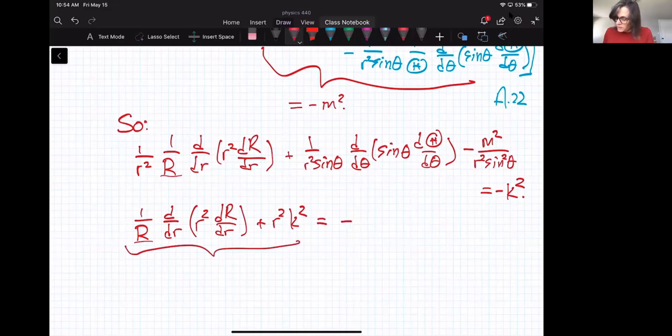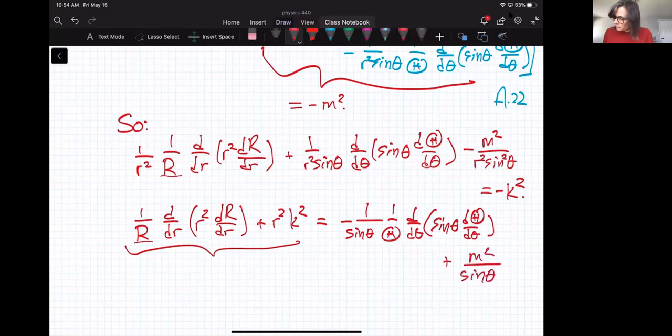This is equal to minus 1 over sine theta, 1 over theta, d d theta of sine theta d capital theta d theta, plus m squared over sine squared theta.